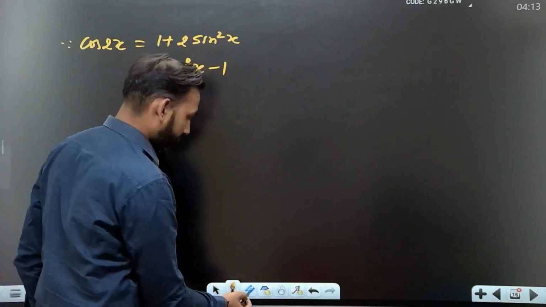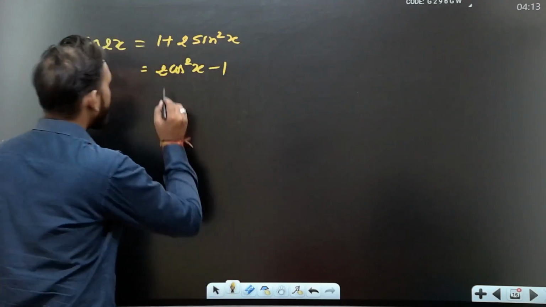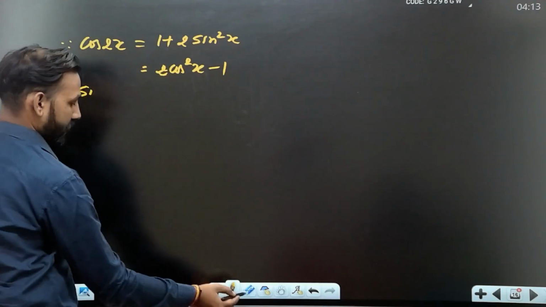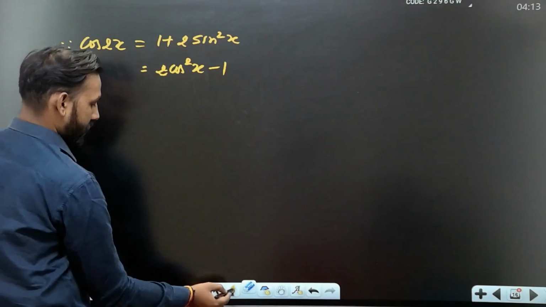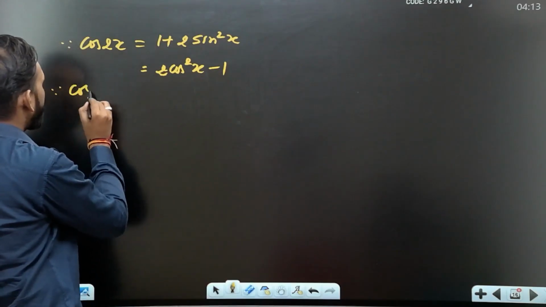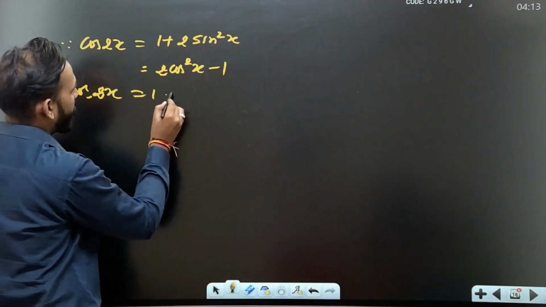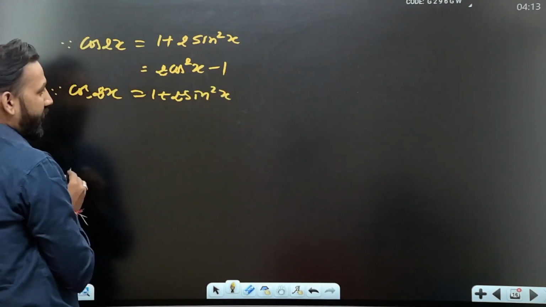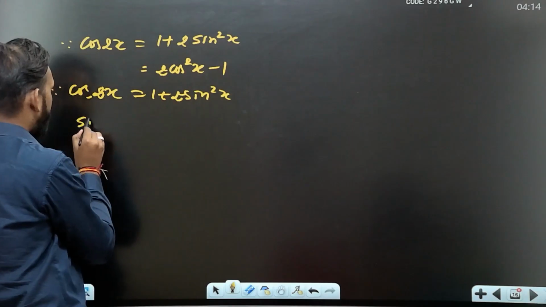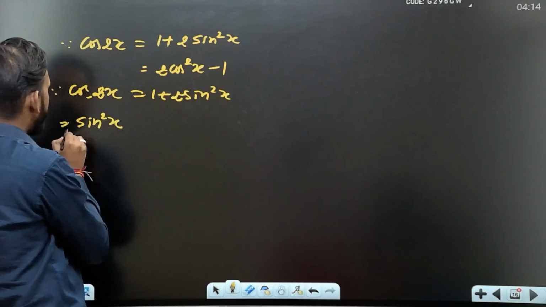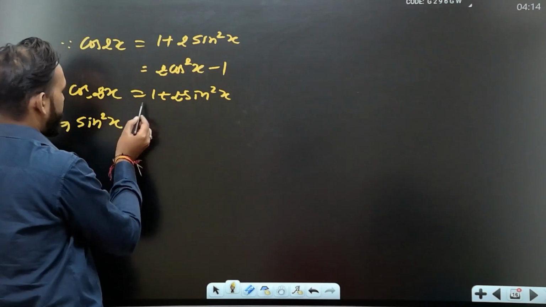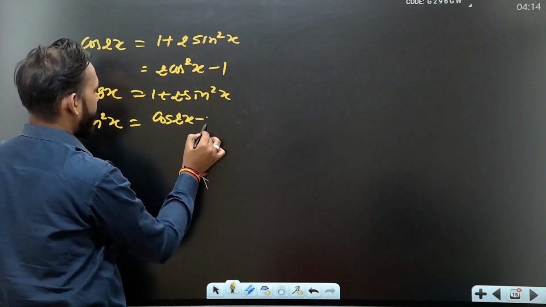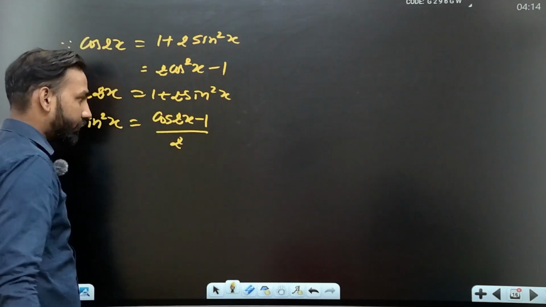Now since cos 2x equals 1 minus 2 sin square x, we can put sin square x as cos 2x minus 1 divided by 2.